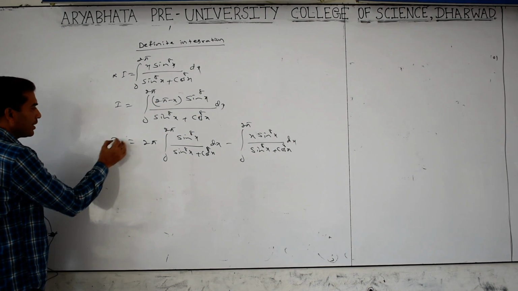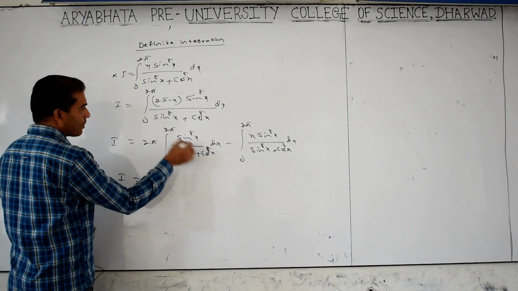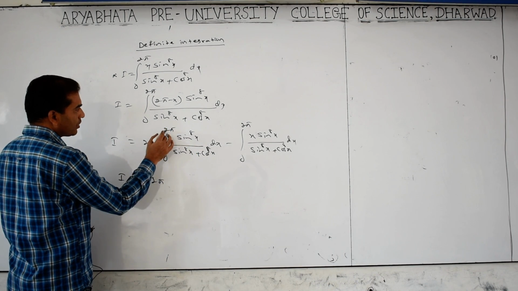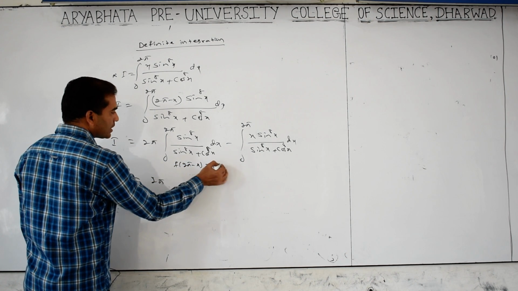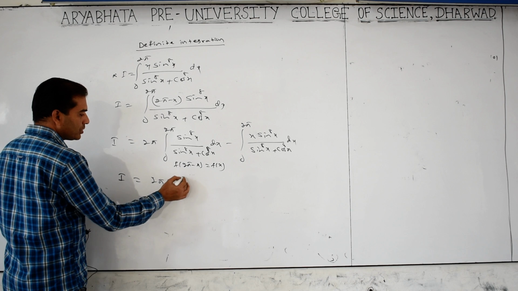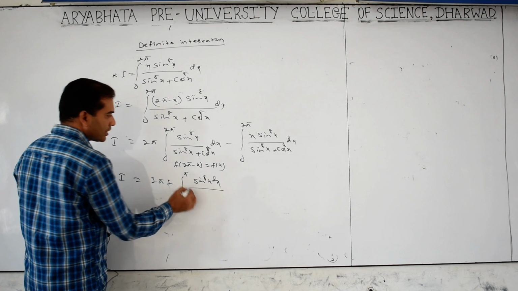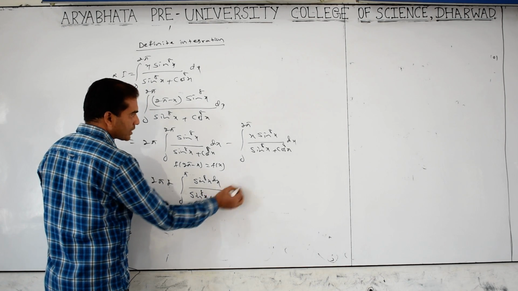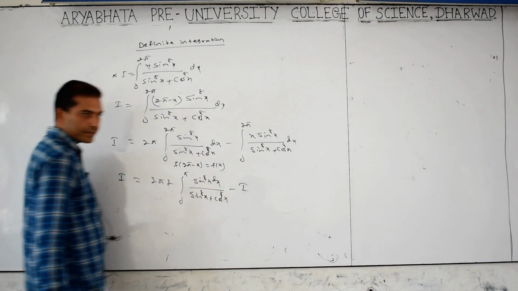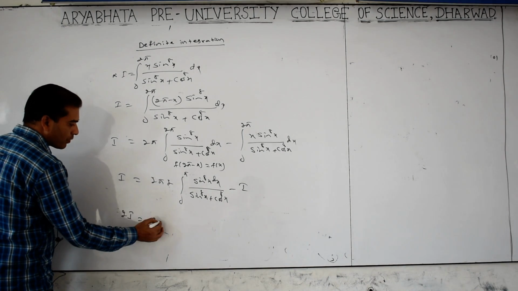This is the I. So I plus I is 2I. By the property of 0 to 2a, it is satisfied: f of 2 pi minus x equals f of x here. So 2 into the integration from 0 to pi of sin power 8x dx by (sin power 8x plus cos power 8x), which equals I. I plus I, 2I, equals 2 into 2, 4 pi.